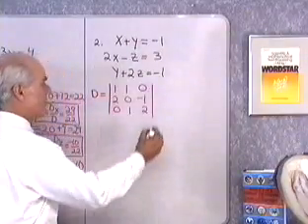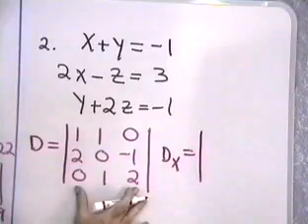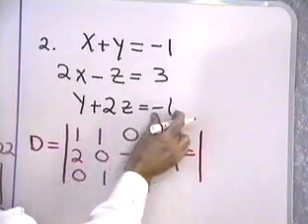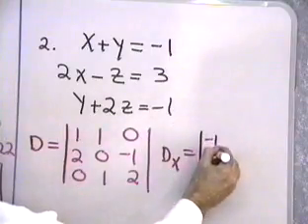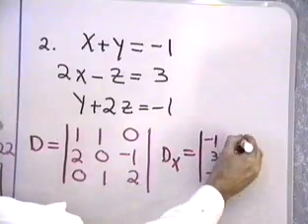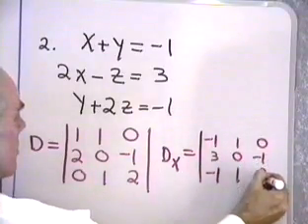So let's look at d sub x. d sub x will look just like this determinant, except that instead of these coefficients of x, I use the constant terms: -1, 3, -1. The rest of this determinant stays exactly the same: 1, 0, 1, 0, -1, 2.